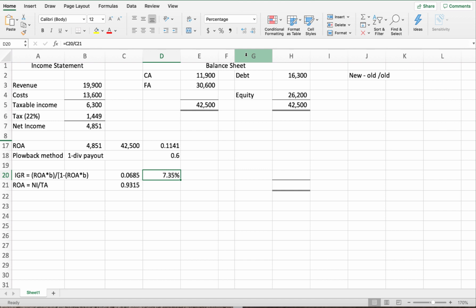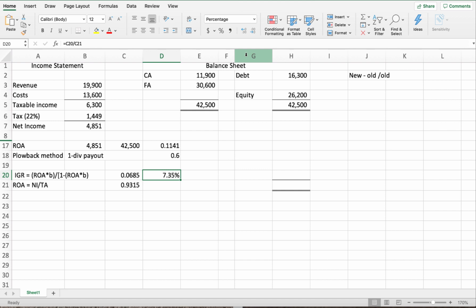So this problem was nice. The reason why is that we need to first recognize that everything in our ROA calculation increases in direct proportion. That means the percentage of the ROA is not going to change. If we calculate it before the increase or after the increase, because everything's changing in proportion, the return on assets has to hold that 11.41%.